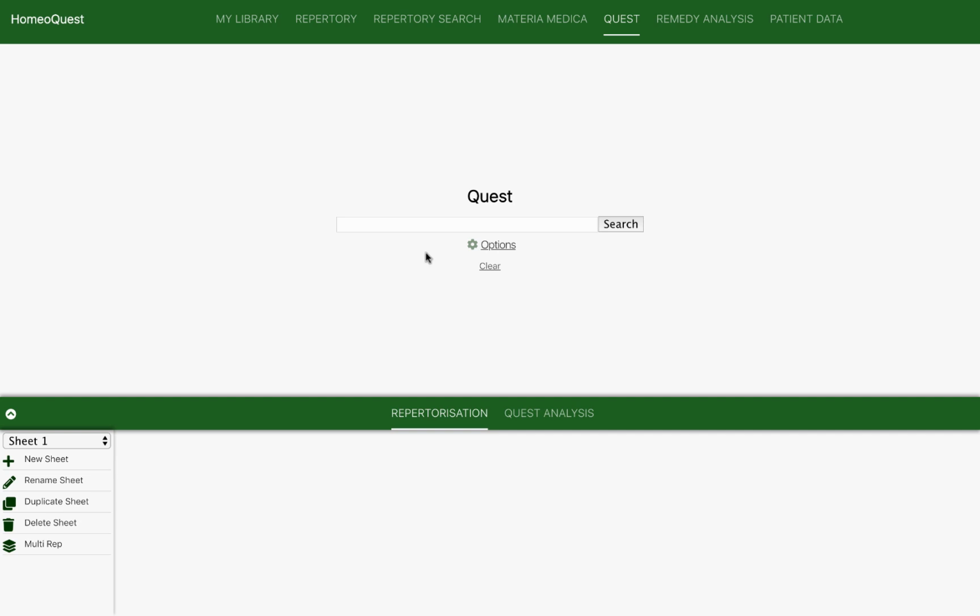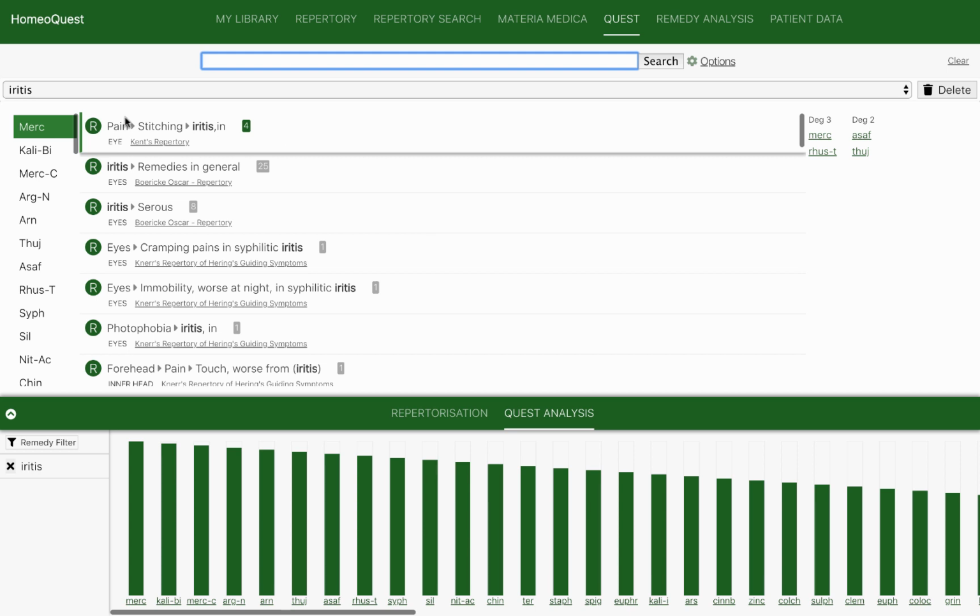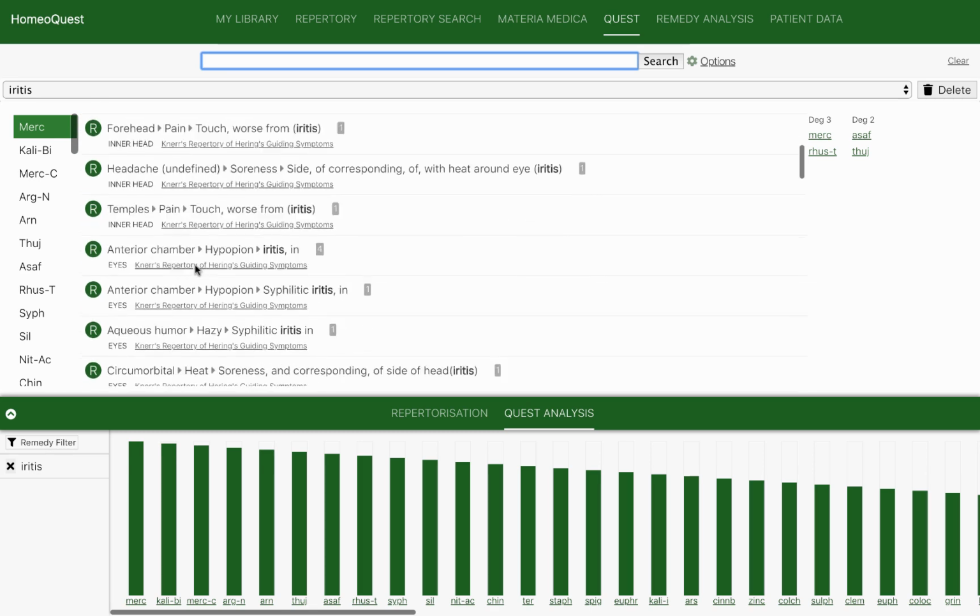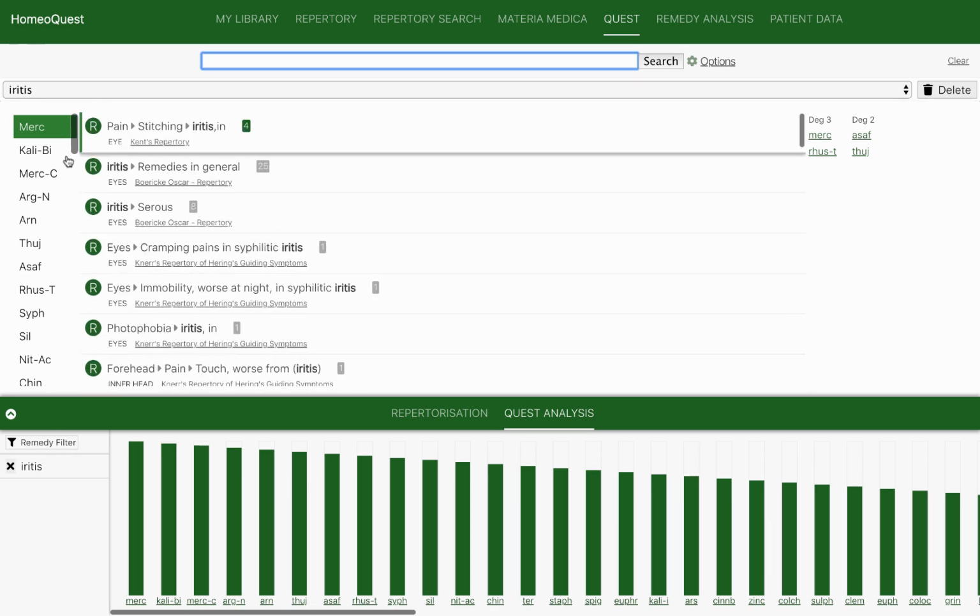All right, so let's get on with the first thing. I'm going to put iritis as the first one because I want remedies which create this inflammation of the eyes, of the iris. So you have the top remedies for iritis here from every possible book in the core library, right?